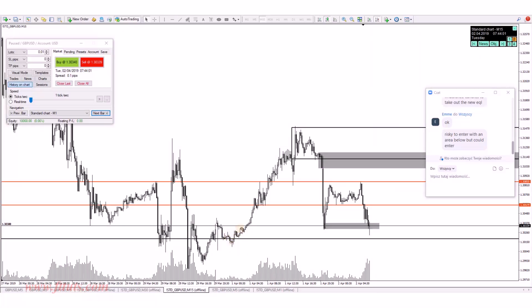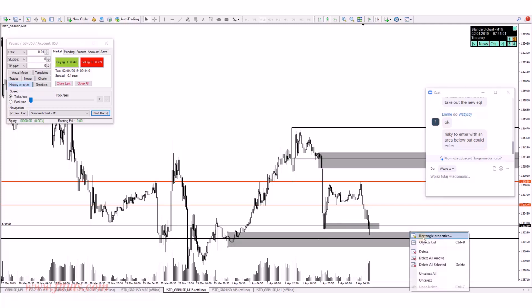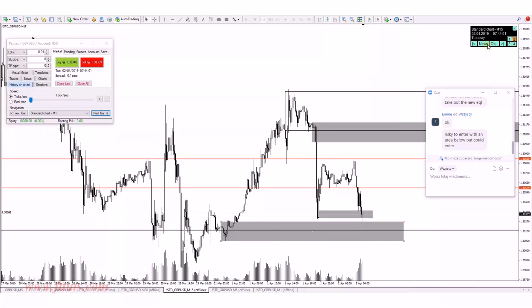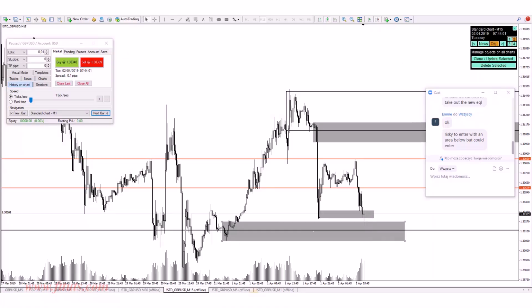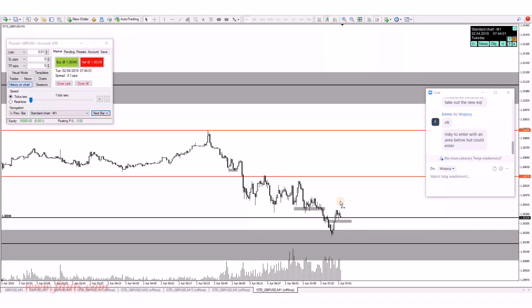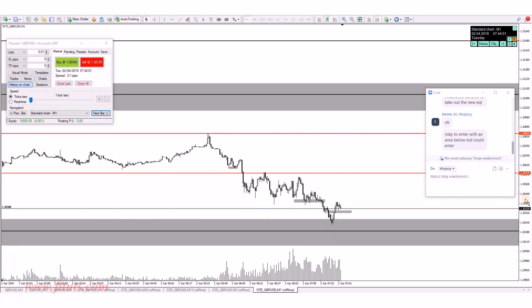Here could be like a sell for a buy, but it's just not so wonderful as I wanted to see. Looks a bit better.